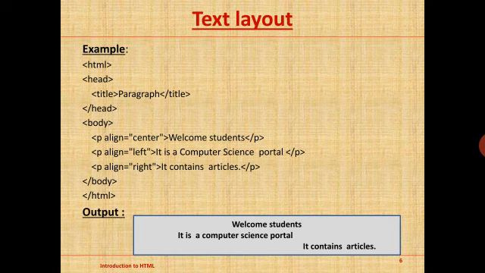The alignment attribute begins with a paragraph tag followed by the word align, and we have to specify the value of alignment. There are three values for an alignment attribute. They are left, right, or center alignment.